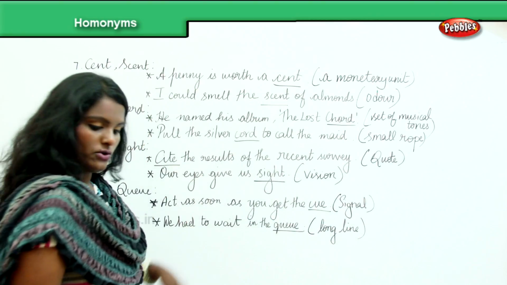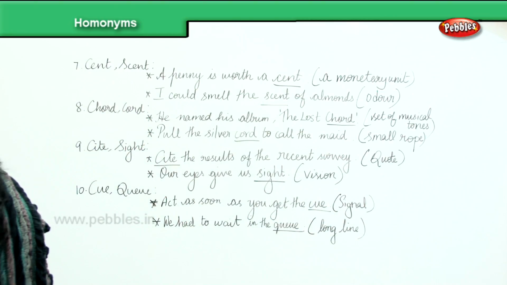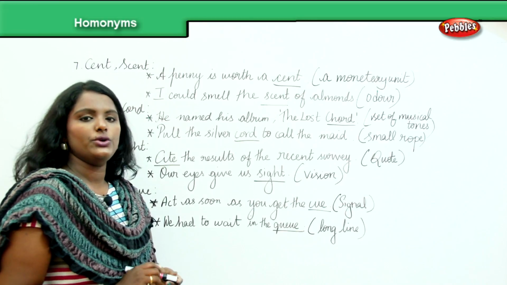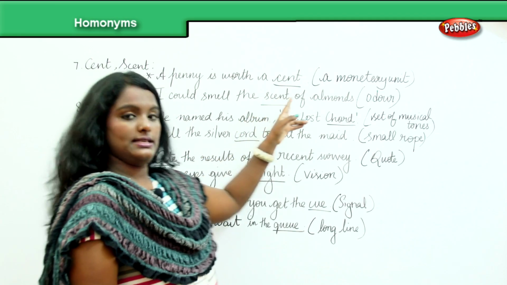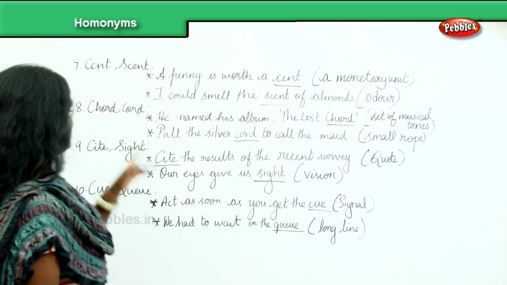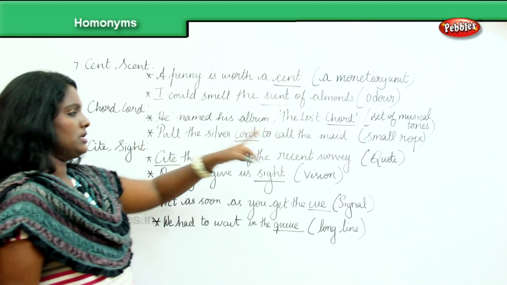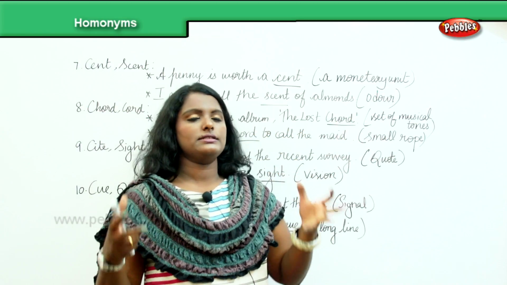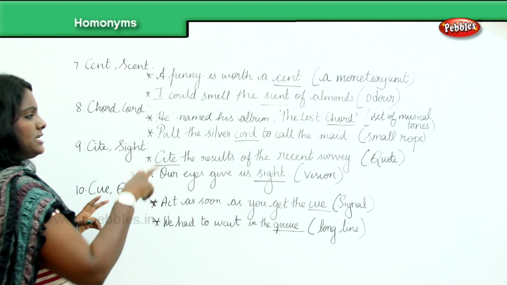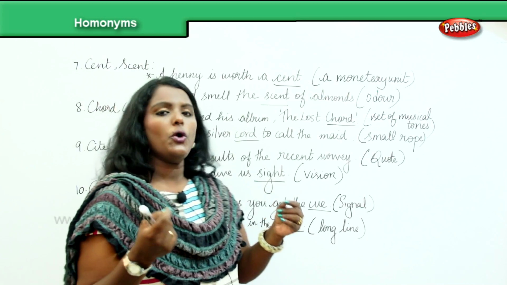Let's go through these four homophones once again. CENT stands for a monetary unit, whereas SCENT stands for the smell, the odor. CHORD is a set of musical tones played together, whereas CORD is a small rope.